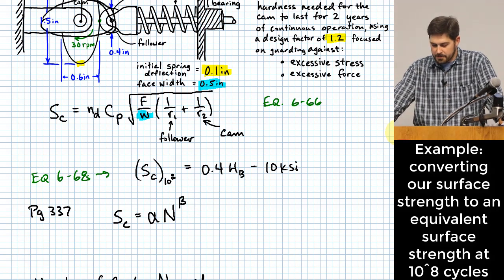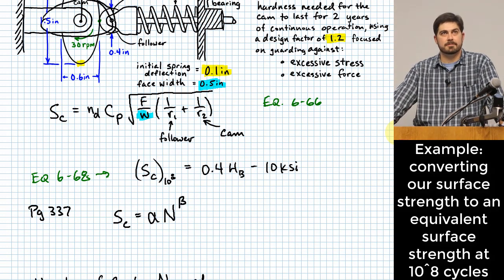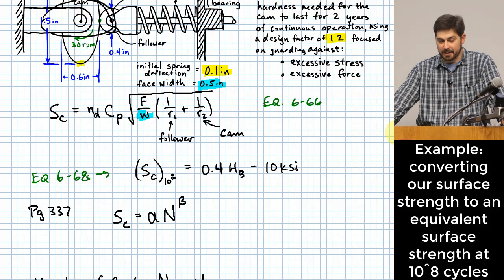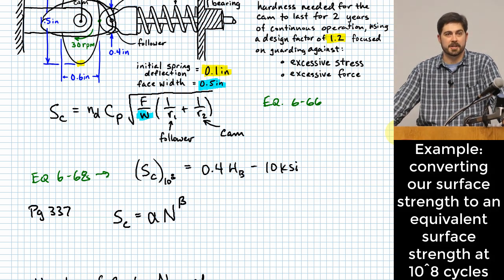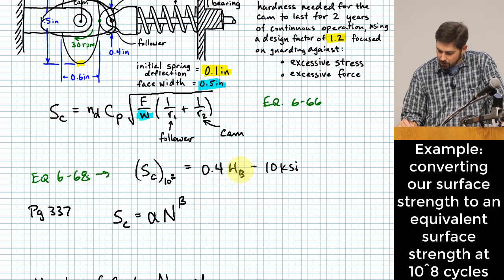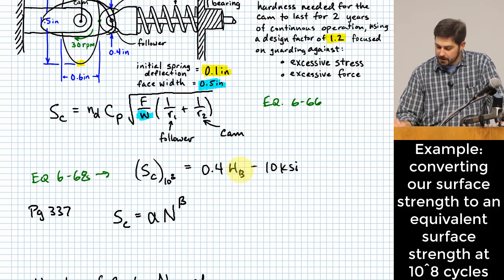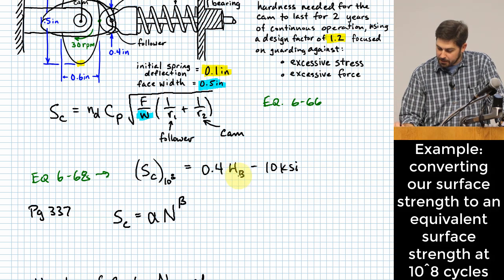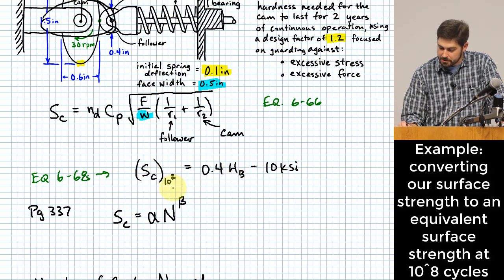Okay, well, so what? It allows us to solve for alpha, because it makes a relationship. What we know is that we can relate Brinell hardness to this surface strength at 10 to the 8th cycles, right?